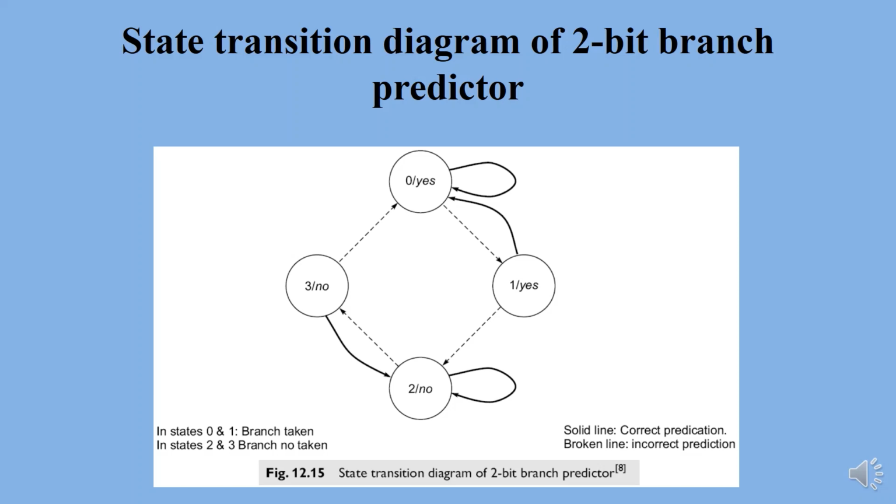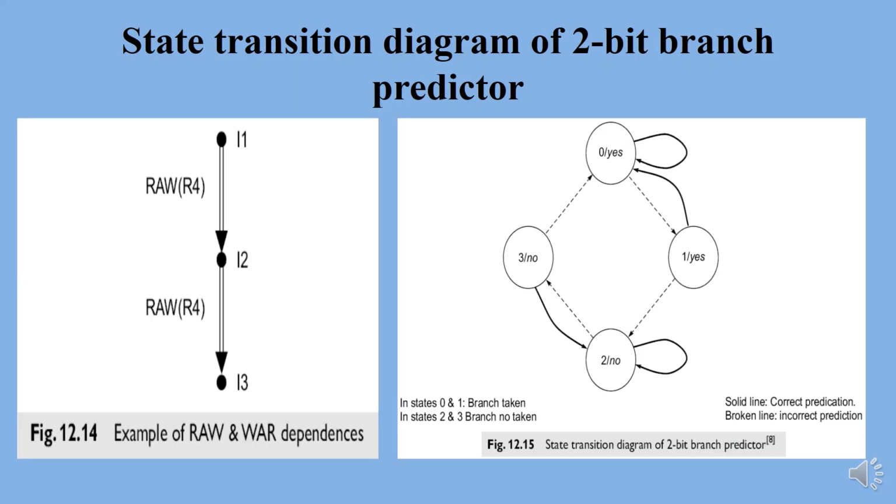When two successive predictions come out wrong, the prediction is changed from branch taken to branch not taken and vice versa. In figure 12.14, state transitions made on mispredictions are shown using broken line arrows, while solid line arrows show state transitions made on predictions which come out right.